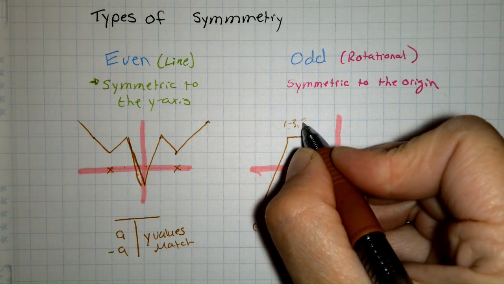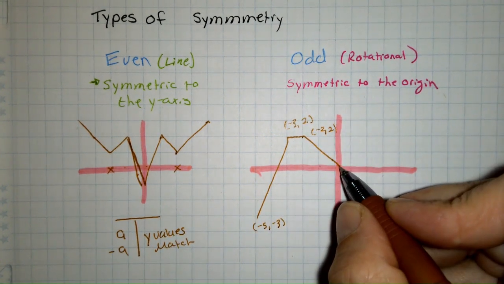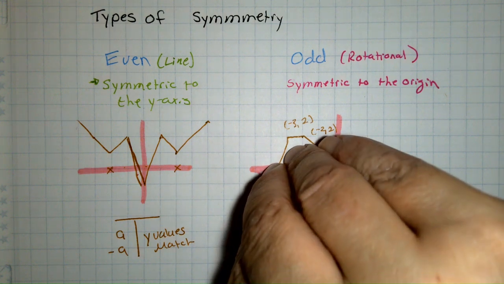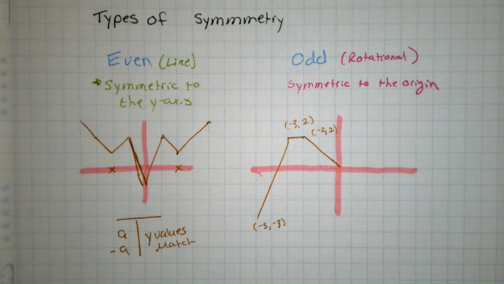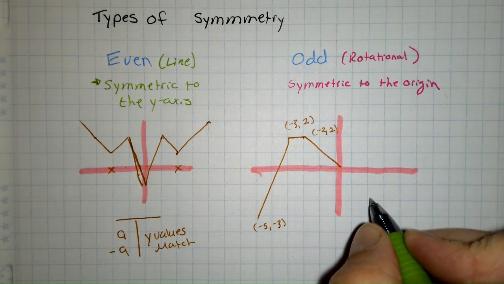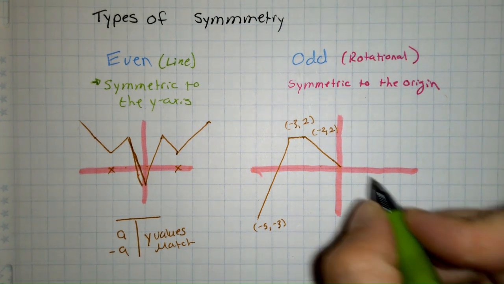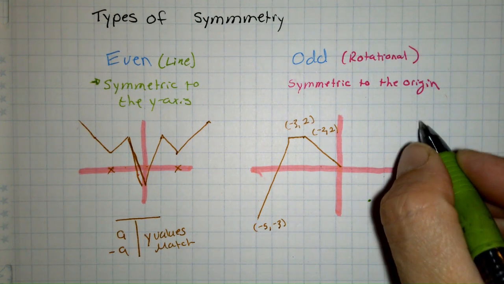This is at -3, 2, -2, 2, and then it has to go through 0, 0. So what we have to think about is if this section were to rotate 180 degrees. So I'm going to go right 2, down 2, right 3, down 2, and right 5, up 3.